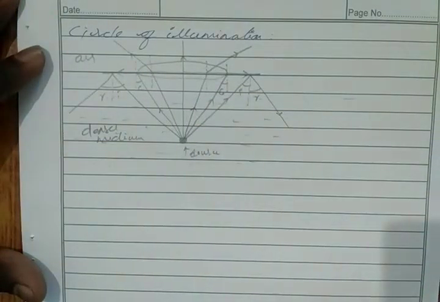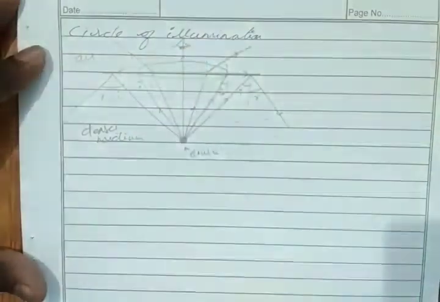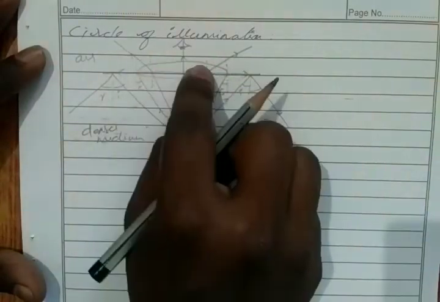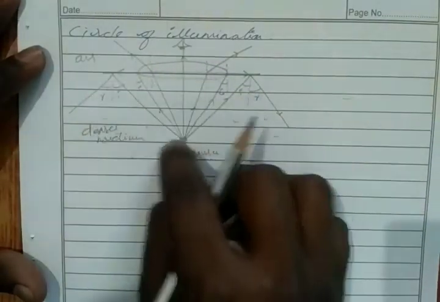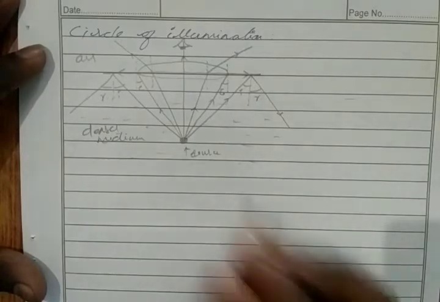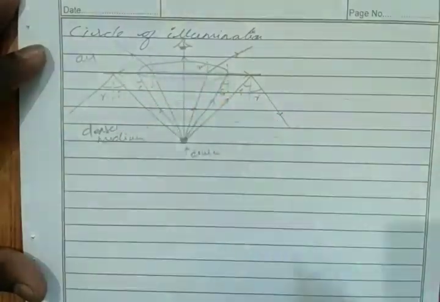Even though light is reflected, this light goes for internal reflection, inside the well, inside the water. The person can see only up to this radius.